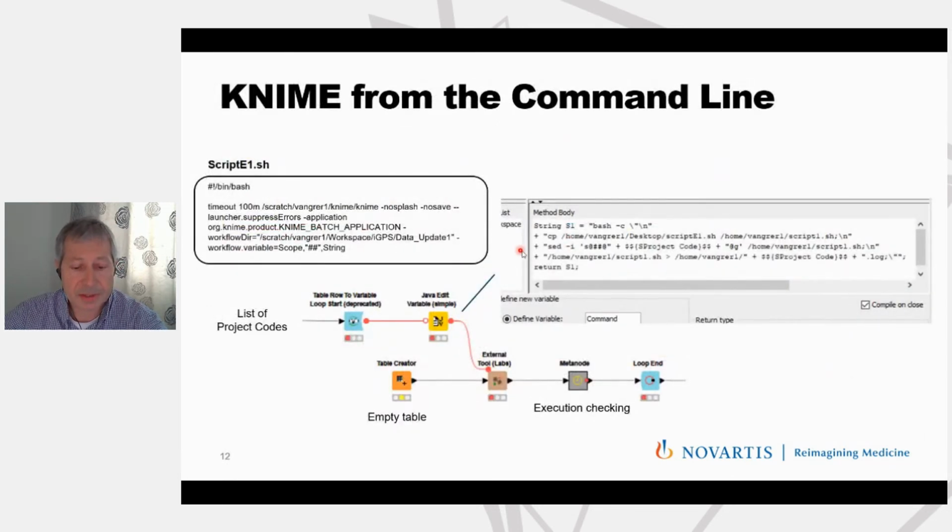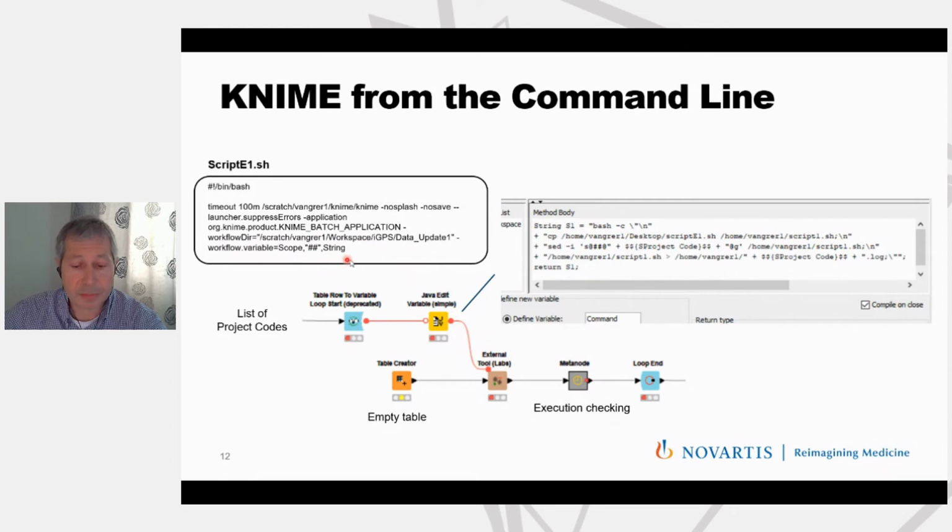So these slides give more detail on how we run KNIME from the command line. A template script contains the command to execute the KNIME workflow. The project code parameter is provided with the workflow variable option here.